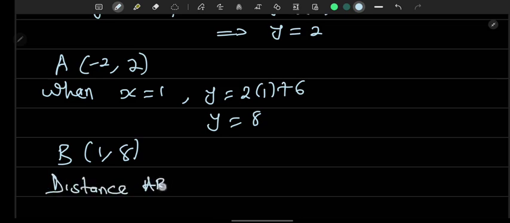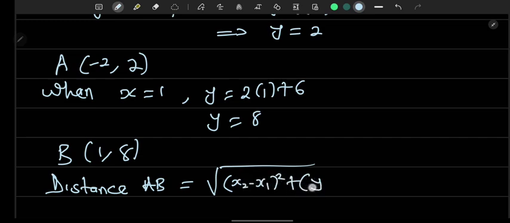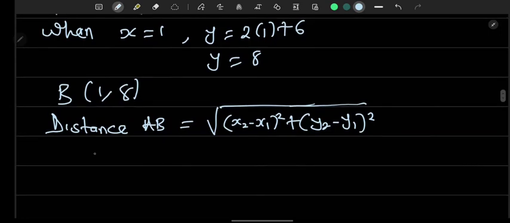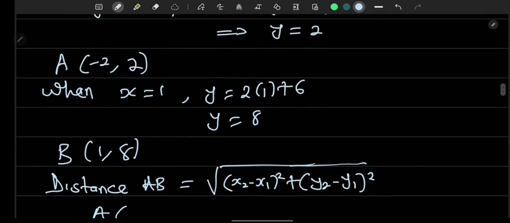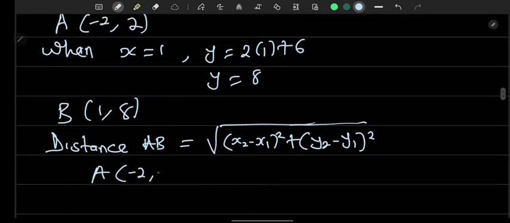Distance AB. We have the distance between 2 points formula to be the square root of (x2 minus x1) squared plus (y2 minus y1) squared. Alright, so remember the 2 points are A, we have that to be (-2, 2), and that of B, we have B to be (1, 8).